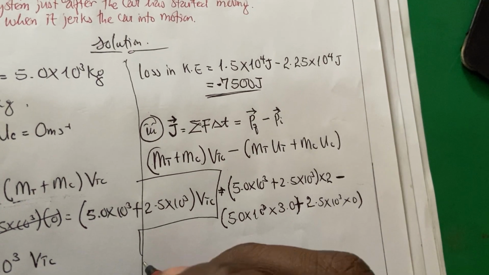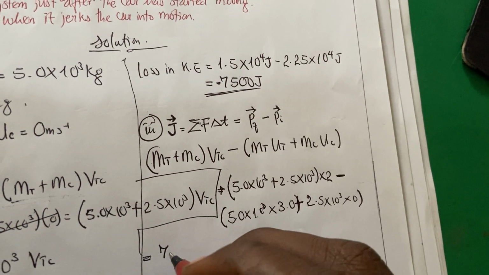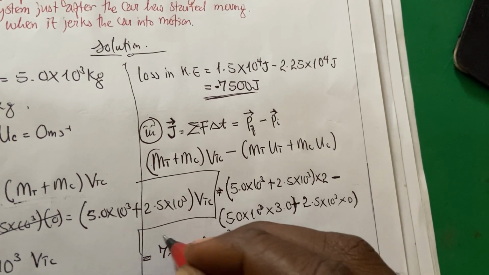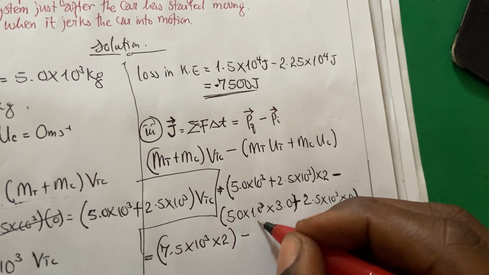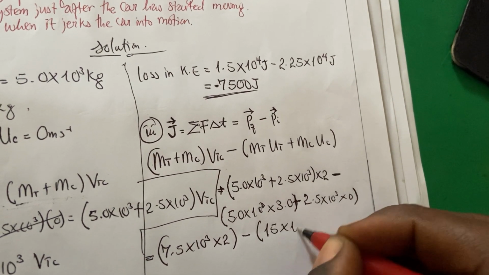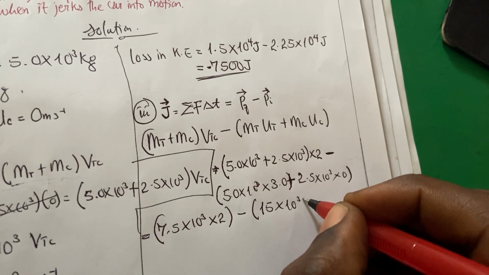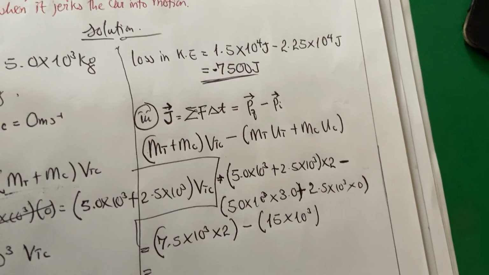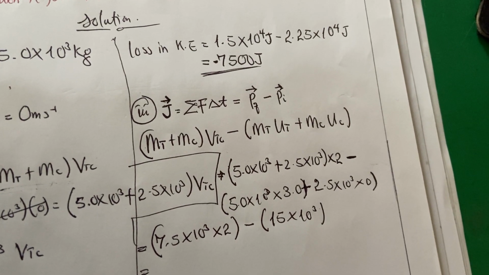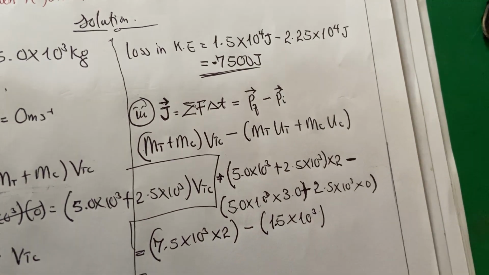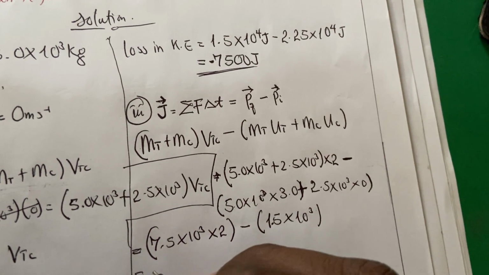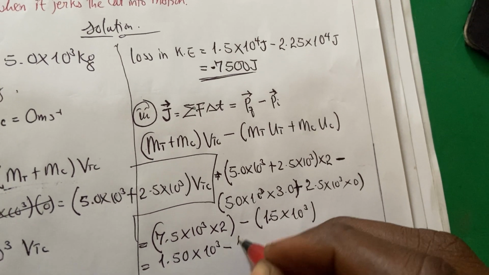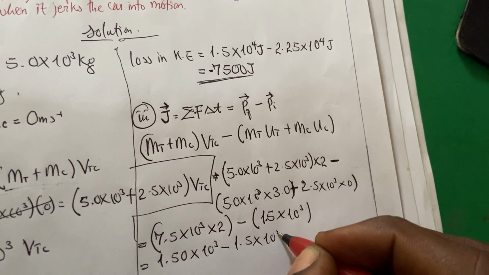So this is 7.5 times 10 to the power of 3 multiplied by 2, minus 15 times 10 raised to the power of 3. 2 times 7.5 gives me 15 times 10 to the power of 3, minus 15 times 10 raised to the power of 3.